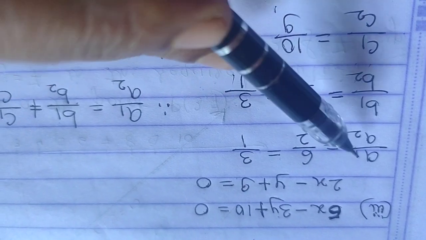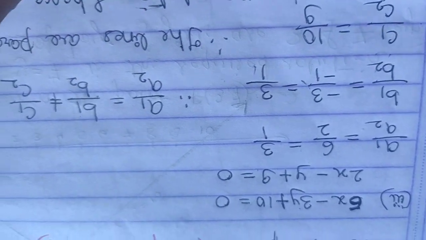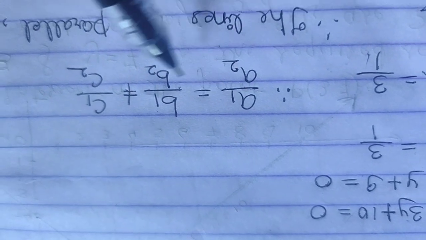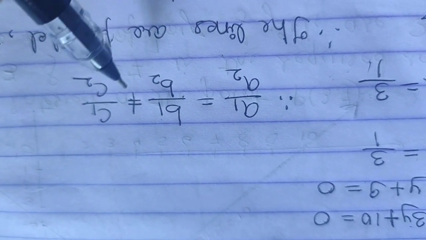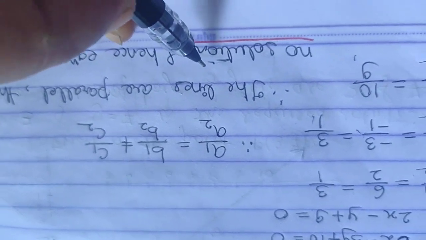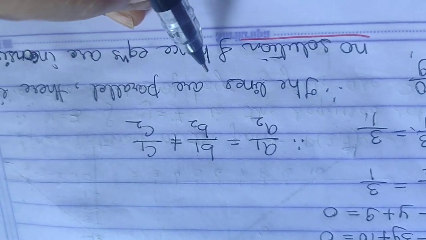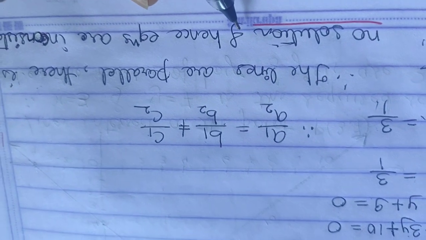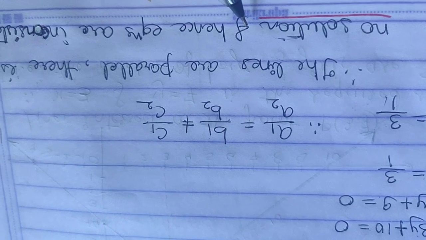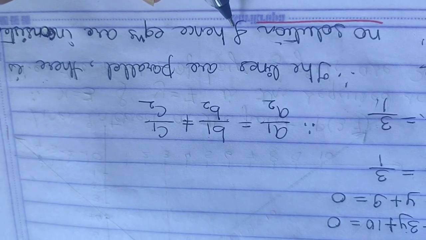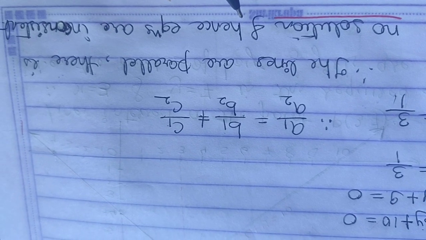So a1 upon a2 is equal to b1 upon b2, but not equal to c1 upon c2, and hence these lines are parallel lines. And if the lines are parallel, there is no solution because there is no common point in the two lines. So equations are said to be inconsistent equations.